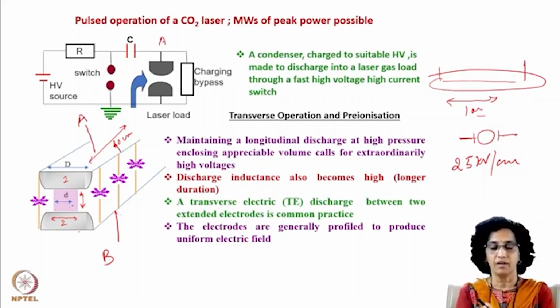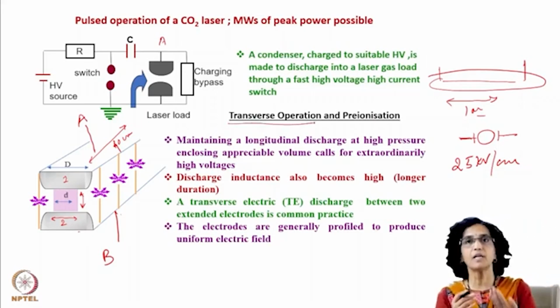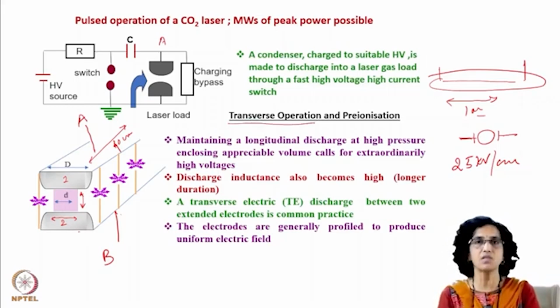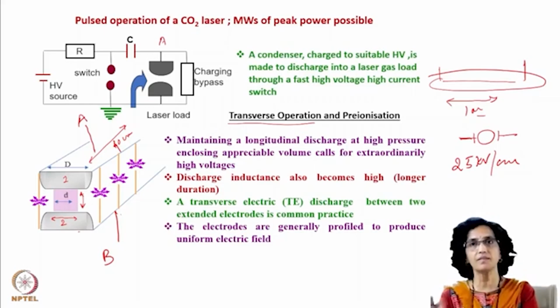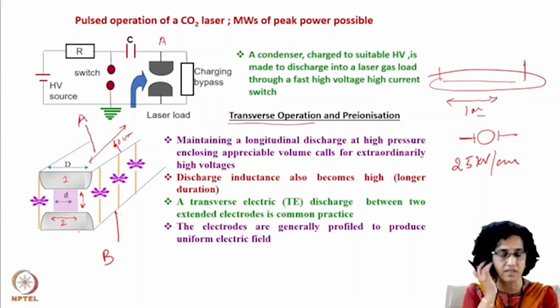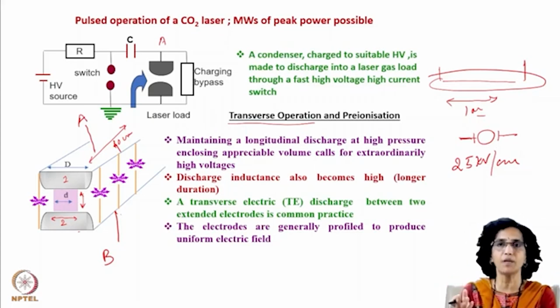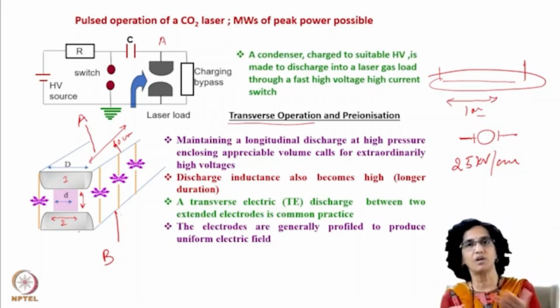So these are your longitudinal electrodes which are facing each other, and the discharge is a transverse discharge. And therefore, this kind of operation is called transverse operation. And if it is at atmospheric pressure, such a laser is called a transverse TEA laser, transverse electric atmospheric CO2 laser. Normally these TEA lasers are very common in CO2 because maintaining atmospheric pressure is simpler as compared to high pressure or low pressure.